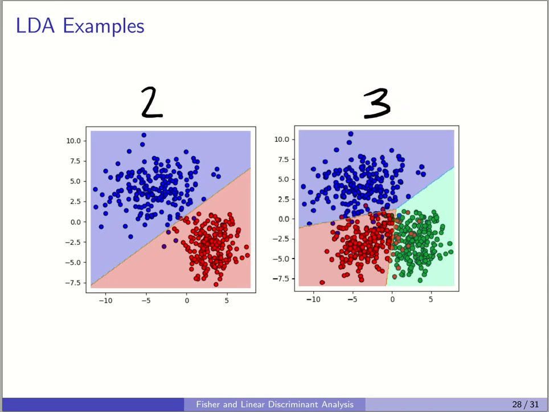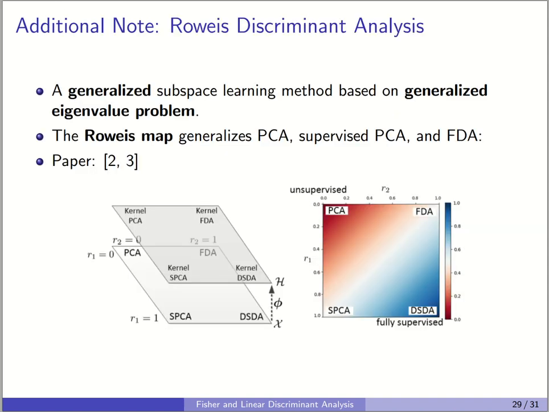And as you can see, the boundaries between classes are linear. There is also one thing that I want to tell you, this is our own proposed method, Roweis discriminant analysis, named after Sam Roweis, to whom manifold learning owes a lot. It generalizes subspace learning methods based on the generalized eigenvalue problem, which we also saw in Fisher discriminant analysis.